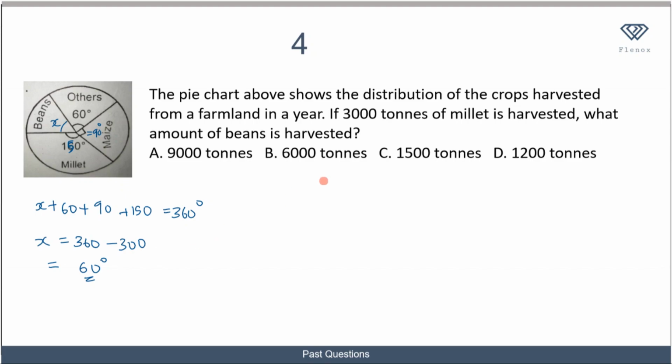So the degree for the beans is 60 degrees. So now, how do I find the number of tons of beans that was being harvested? Now I don't know the total. I need to divide the degree or the section of beans by 360 and multiply it by the total number that was distributed. So how do I go about that? I'm told that if 3,000 tons of millet is harvested, so where is my millet? I have here. So I know that 3,000 tons of millet is harvested.